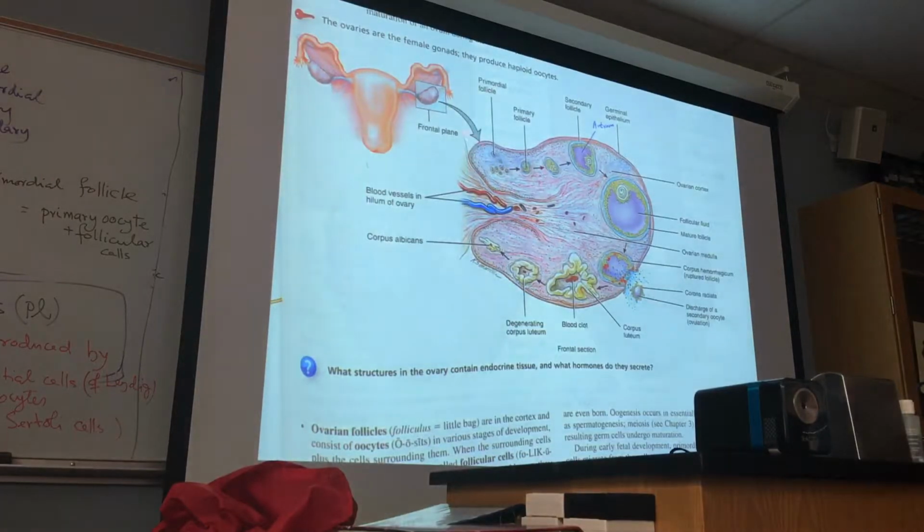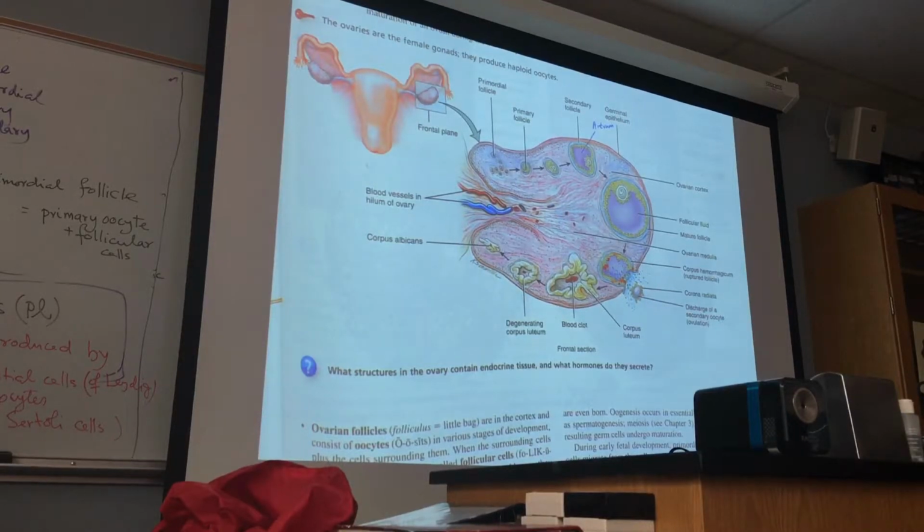And this is the potential gamete, the primary oocyte. This primary oocyte ultimately will become a secondary oocyte in the mature secondary follicle, and this will be ovulated by a process called ovulation, the discharge of the secondary oocyte. So the whole thing isn't considered ovulation.